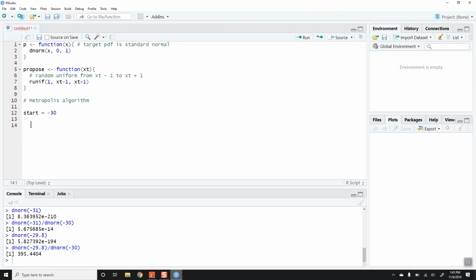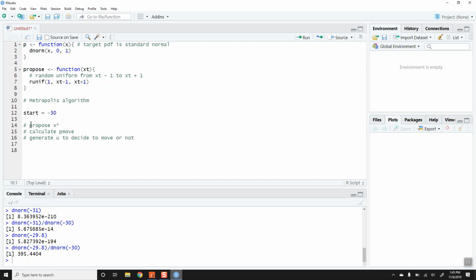All right, so what do I do? The steps are propose x star, and then calculate p move, generate a u to decide to move or not.